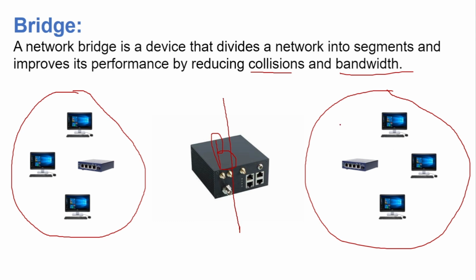When I say this is a network, I mean it is a LAN. We'll be talking about LAN in a later video. So this is a local area network and this is another local area network. These devices are connected to this hub here.